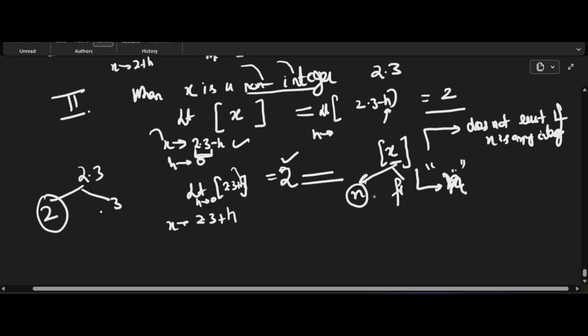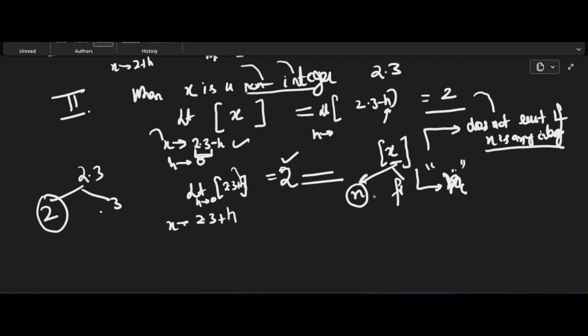So the limit does exist for a non-integer situation and is equal to the greatest integer closest to that non-integer. I hope this is clear. So the limit does not exist if x is an integer, but the limit exists and is the greatest integer closest to the point at which you're trying to find the limit.